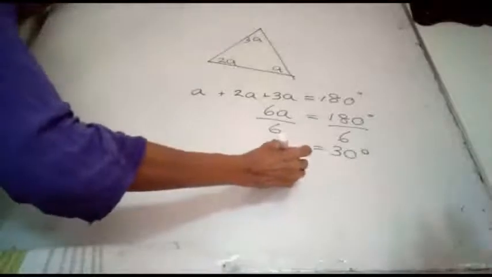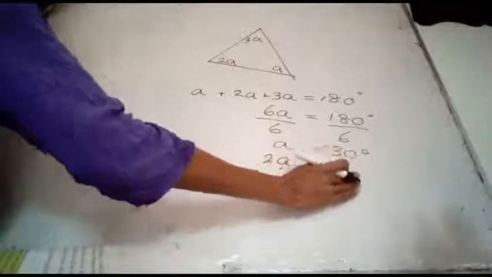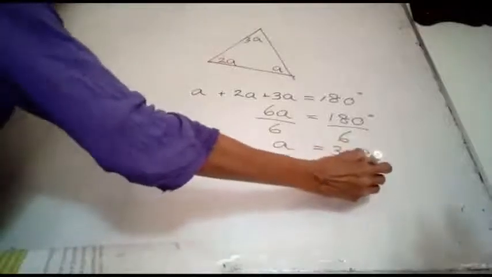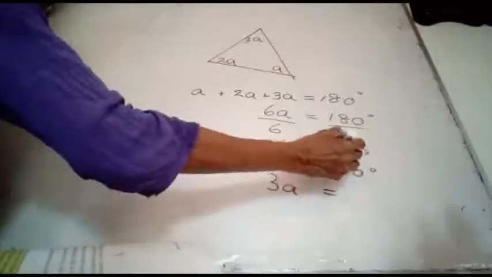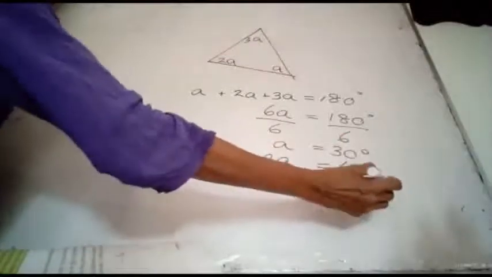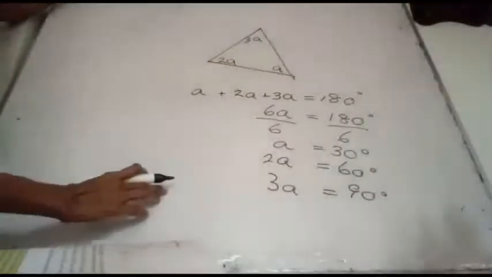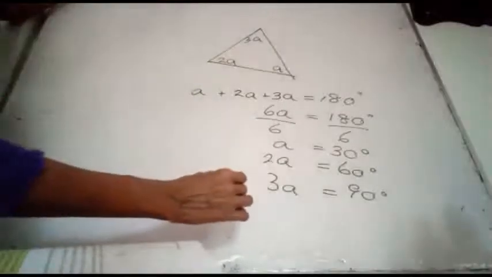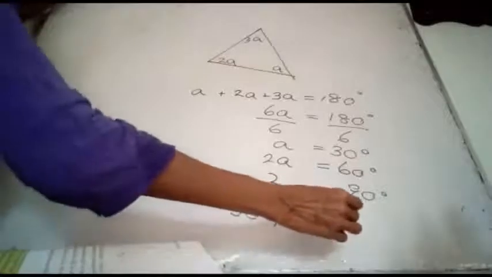The magnitude of 2a is equal to 2 times 30, which is 60 degrees. The magnitude of 3a is equal to 3 times 30, which is 90 degrees. Then the magnitudes of the angles of this triangle are 30, 60 and 90.